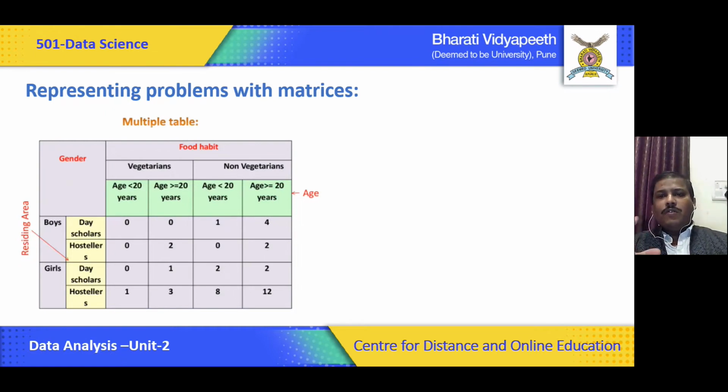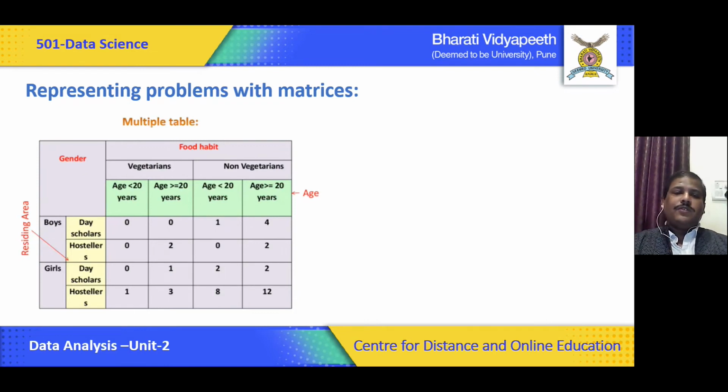Now you can understand the different types of significance of matrix when we are representing different types of problems, or when we are representing data in matrix format.